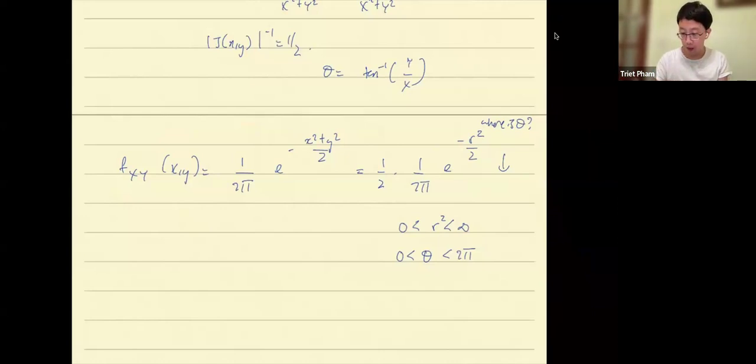Well, the answer is actually this is why theta range is not between minus pi over 2 to pi over 2, but it's 0 to 2 pi. The reason is actually this is theta right here. The density of theta is right here.